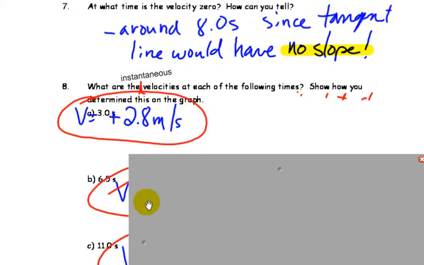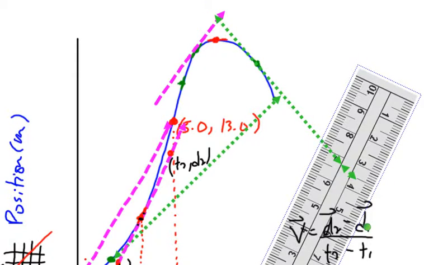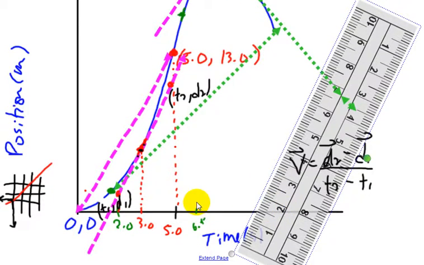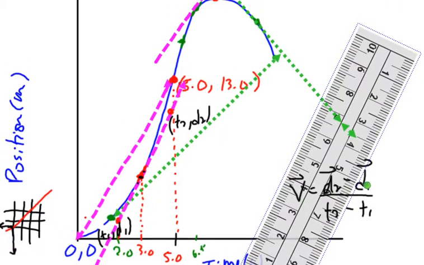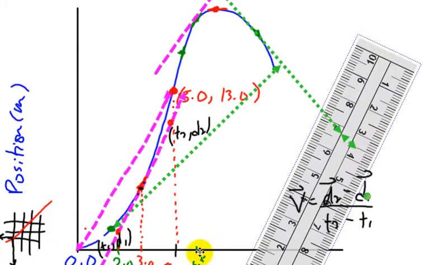on your graph paper. At 6.5 seconds, so if I look back at the graph here at 6.5 seconds, that's around right here going up. So 6.5 is about right there, and you can see I kind of made this green line here, kind of magnifying what the slope would look like.